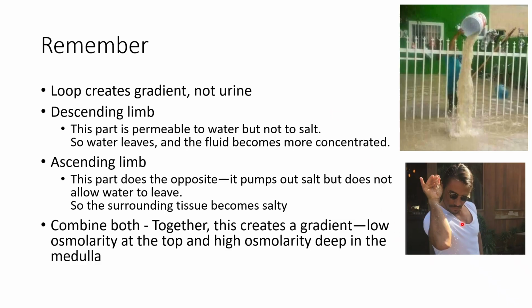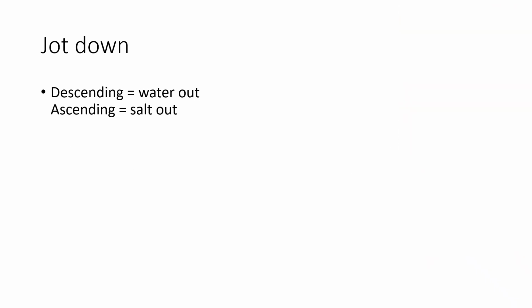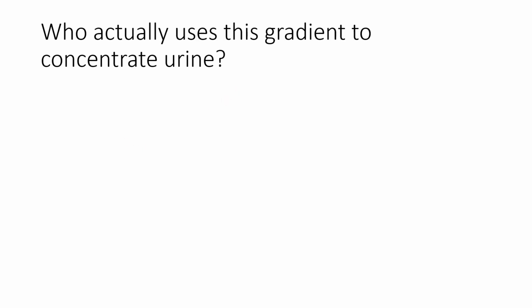It pumps out salt but does not allow water to leave, so the surrounding tissue becomes more concentrated. Combined, this creates a gradient with low osmolarity at the top and high osmolarity deep down in the medulla. Just remember that the descending limb is water out and the ascending is salt out.